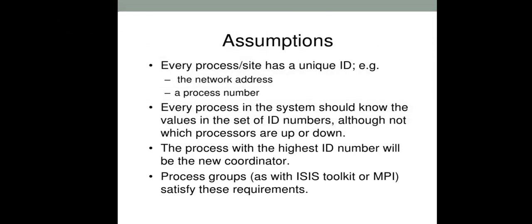Let us say there are 5 processes, P1, P2, P3, P4 and P5, and let us say P5 is the process having the highest ID value, or you can say highest priority to become the coordinator. During the initialization of the distributed system, P5 will be elected to become the coordinator. Now, if P5 fails and some other process out of P1, P2, P3 and P4 detects that P5 is not responding, then any of those processes will initiate the election algorithm, or there can be more than one process initiating the election algorithm.